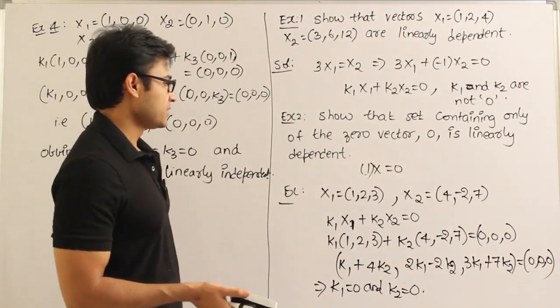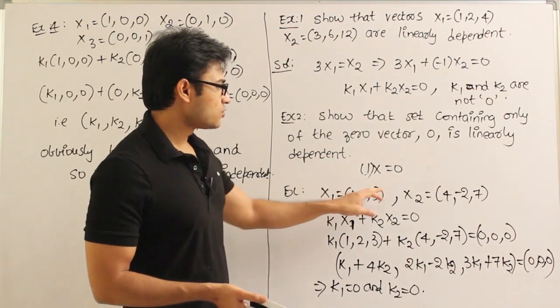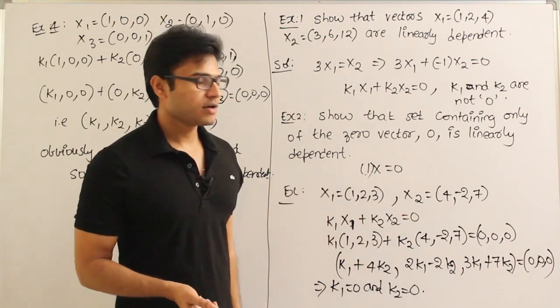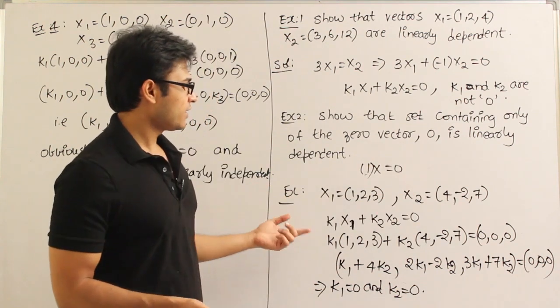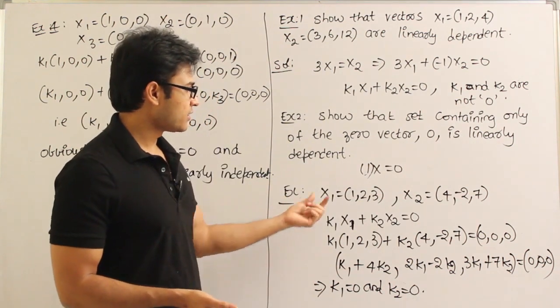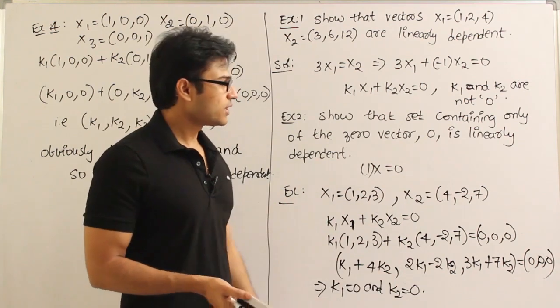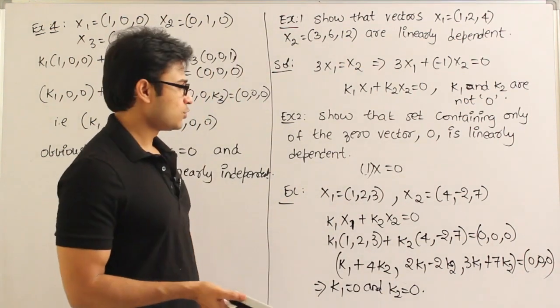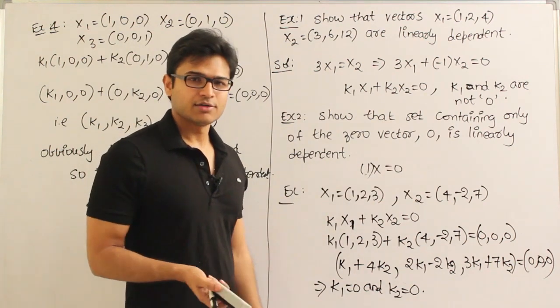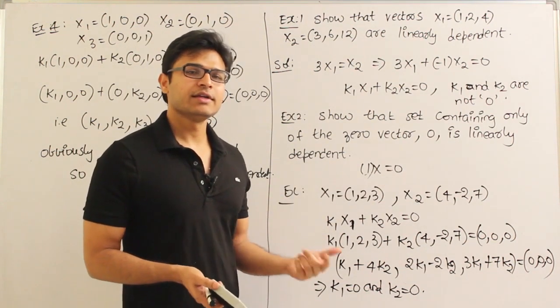This is interesting. See this. Now we have to find out whether these two vectors are linearly dependent or linearly independent. If you observe them, you cannot directly inspect and say that this is a multiple of that. So let's go with the procedure. Let us assume that these two are linearly dependent. What happens if they were linearly dependent?